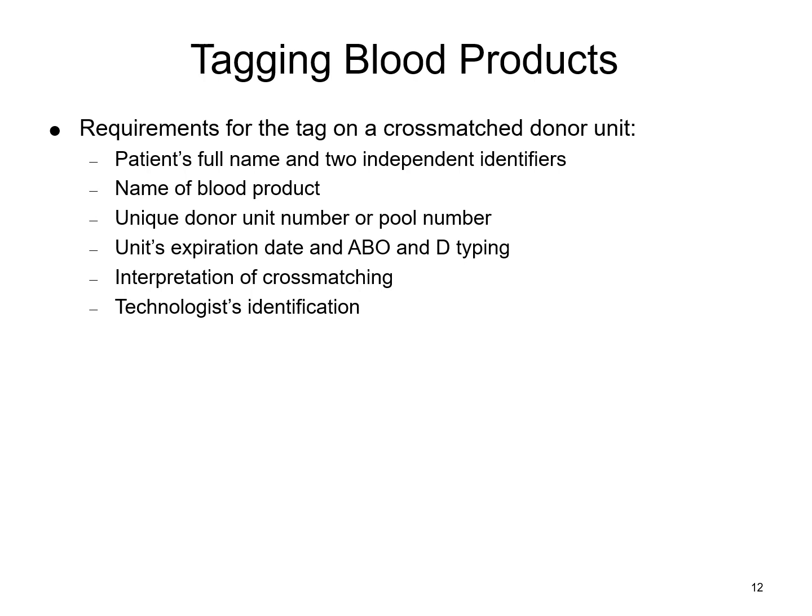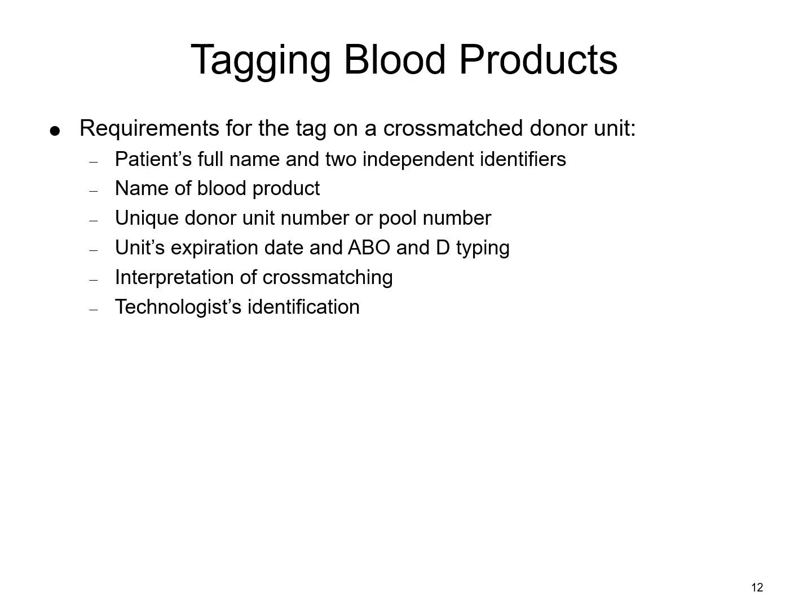The name of the product has to be on the tag, so whether it's fresh frozen plasma, leukocyte reduced red blood cells, whatever the product is, it has to be on that label. The unique donor number or the pool number, that ISBT blood product number, is usually a W or something, and then it breaks down: it starts off with the facility, then the year that it was collected, and then the actual unit number.